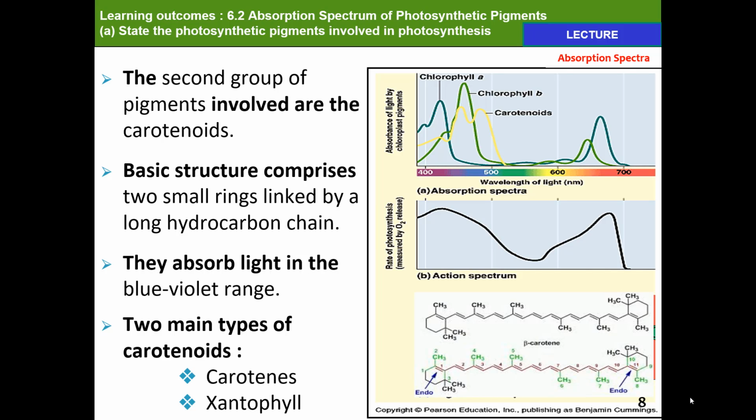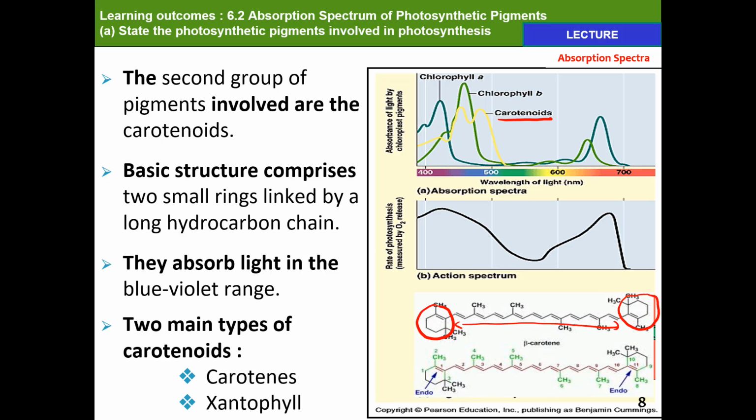The second group of pigments involved are the carotenoids, shown with the yellow graph. The basic structure comprises two small rings linked by long hydrocarbon chains.